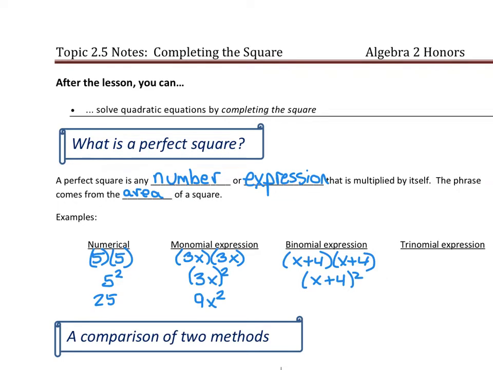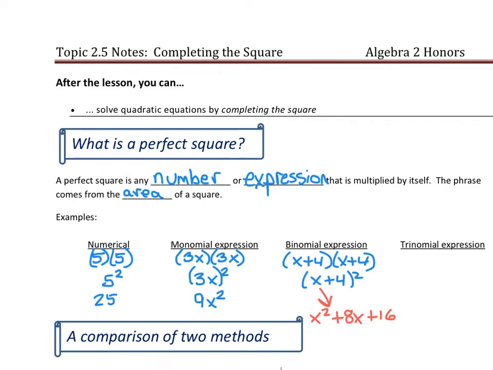Now, as a side note, this turns into a trinomial. If we actually did the distribution of all the terms, we would end up with x squared plus 8x plus 16. Remember, we square that first term, we square the second term, and the middle term of the trinomial is twice the product of these two terms in the binomial.